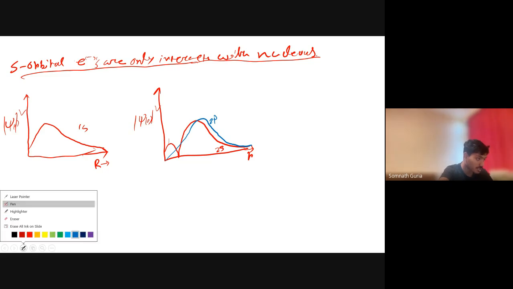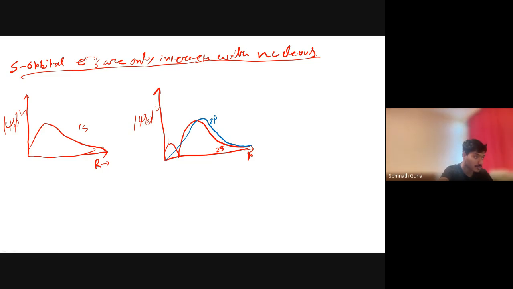Similarly, for the 3s, 3p, and 3d orbitals, we have it. Okay, no, this will be a non-zero value, starting from here.